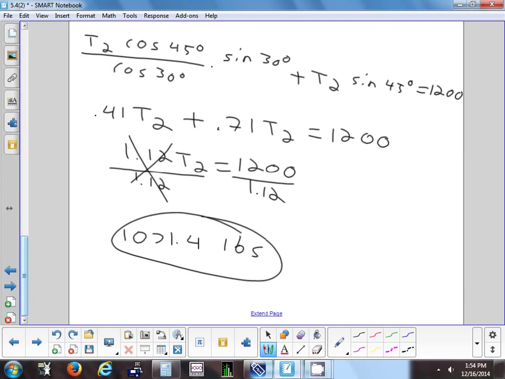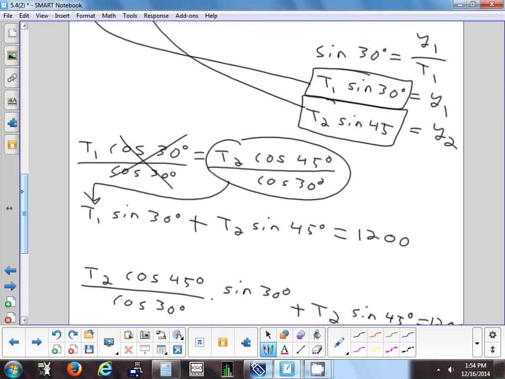Okay? You could have 10,000 pounds of tension in a tug of war rope, even though it only weighs 20 pounds. What does the answer say? 1,071.4. And then to find T1, just fill that number in right there and multiply it on your calculator.